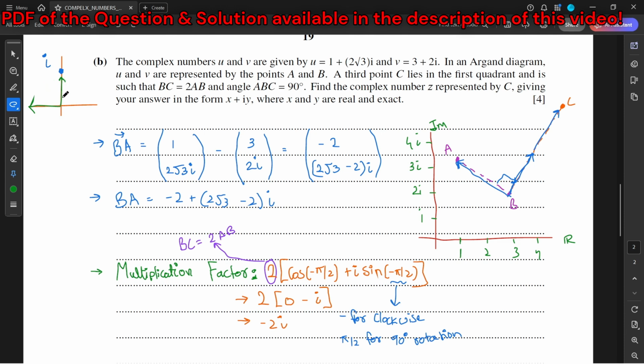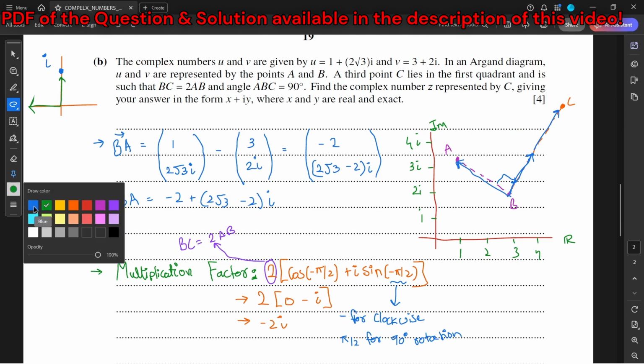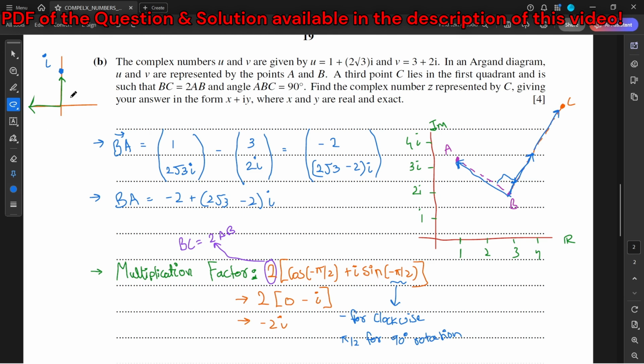So how is it possible that I can take my given complex number and get a new complex number which is a rotation of the current complex number? Well, we think in terms of arguments of the complex numbers over here. So currently for the given complex number I know that it has an argument of positive pi by 2.